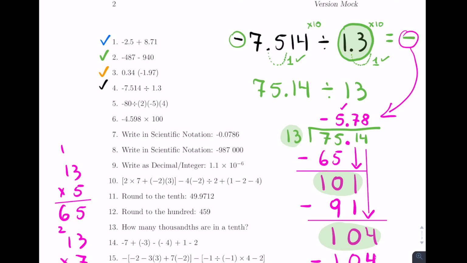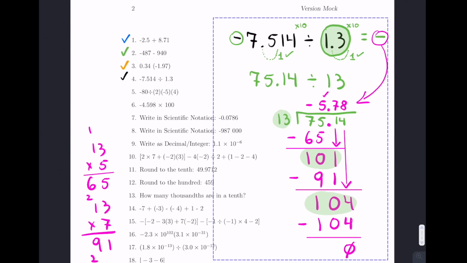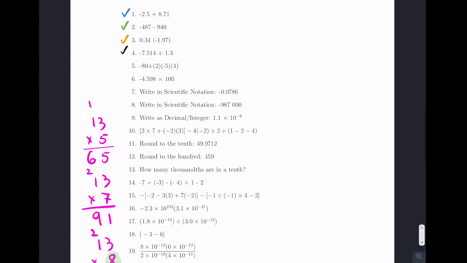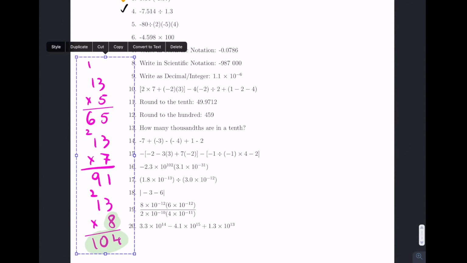Let us take a look at the next question. And that is question number 5.